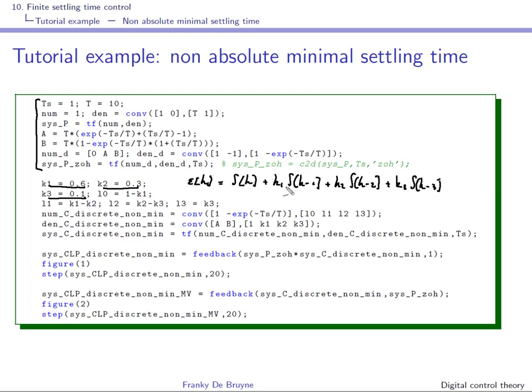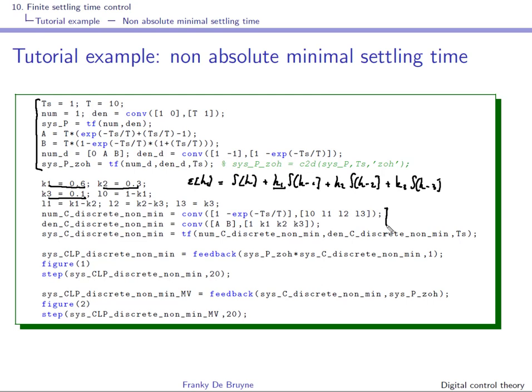So you can see here that the error will be 0.6 at sampling instant 1, 0.3 at sampling instant 2, and 0.1 at sampling instant 3, and from then on it becomes 0.